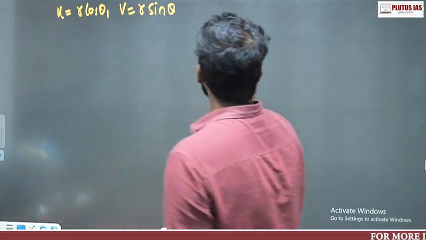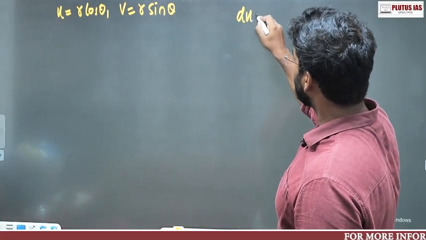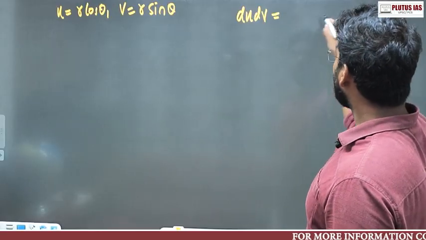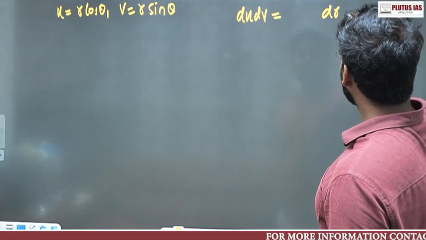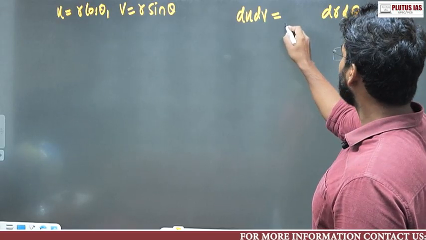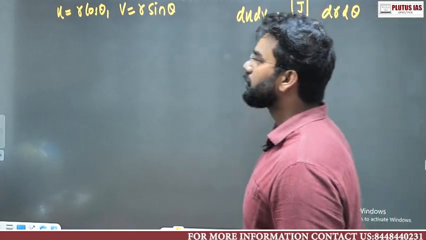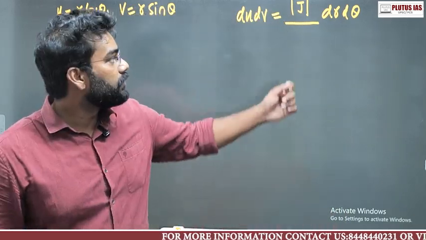When we change Cartesian coordinates into polar coordinates, there is one quantity which is called the Jacobian determinant.